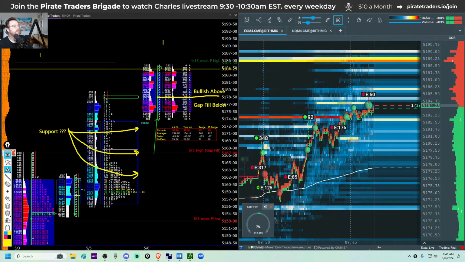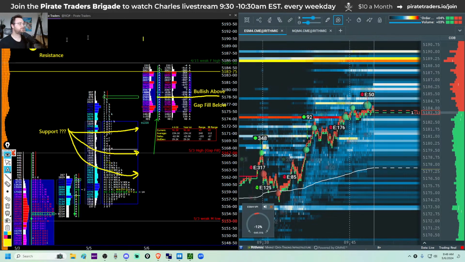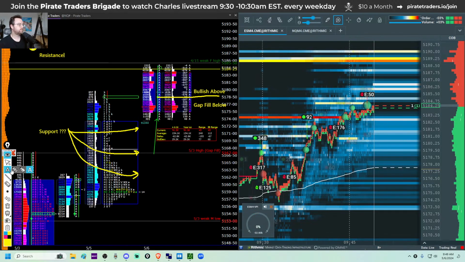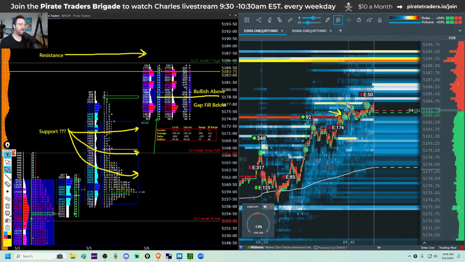Okay, so I will be looking for some resistance right here around 87, just above this week reference, and for the market to pull back down to the overnight high. I would describe this as still being more short covering than new buying, just because the large volume dots are at the highs.